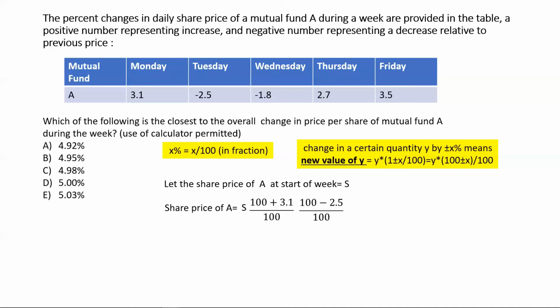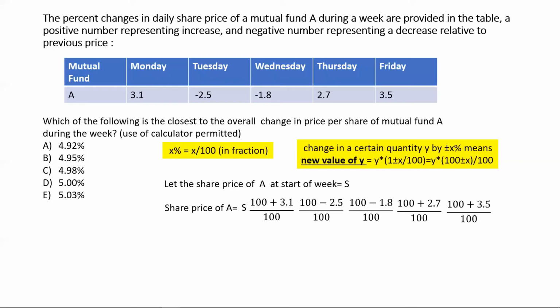We haven't calculated that quantity out yet, but that's the share price at the end of Tuesday. And now if we reflect the change on Wednesday, we need to multiply this by (100 - 1.8) divided by 100. And similarly, we can keep on updating the percentage changes on Thursday and Friday.